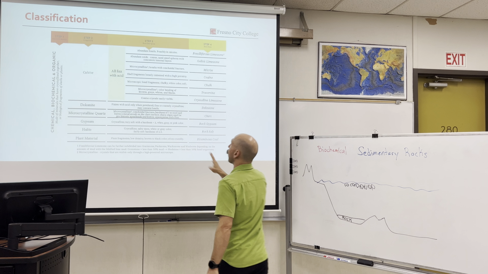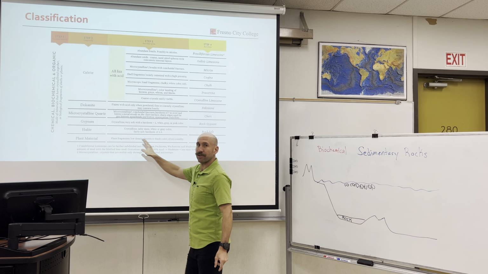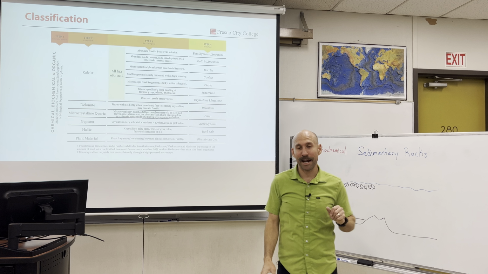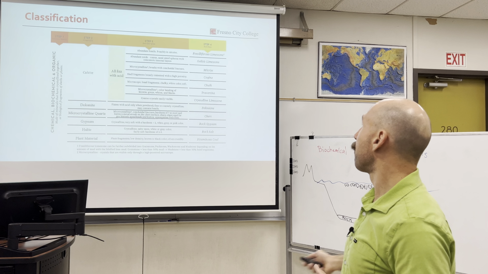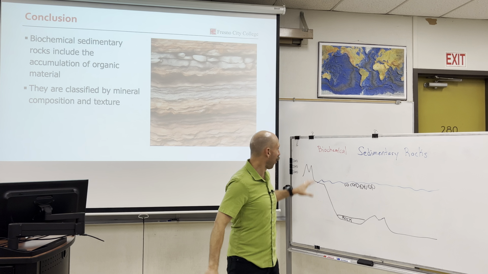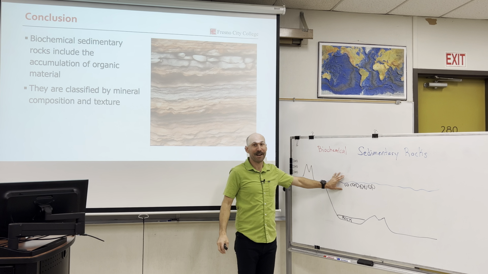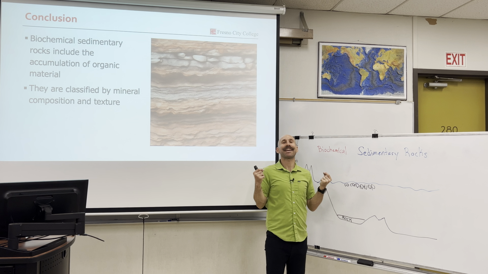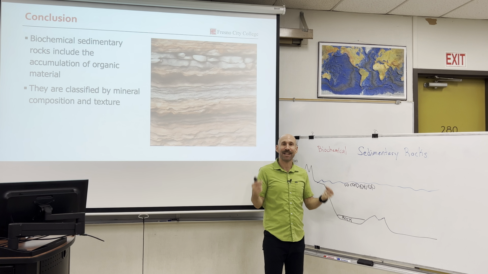Really, we're looking at composition and description to identify biochemical, chemical, and organic also, but in the case of this lecture, biochemical sedimentary rocks. So these are awesome rocks that are created from geological processes that highlight the dynamic planet that we live on.